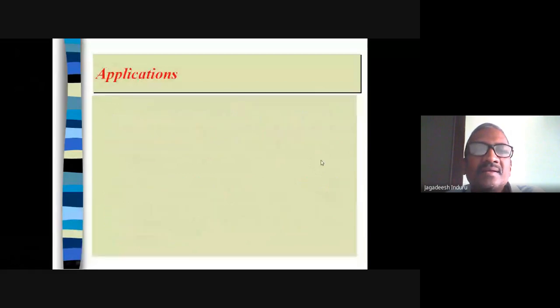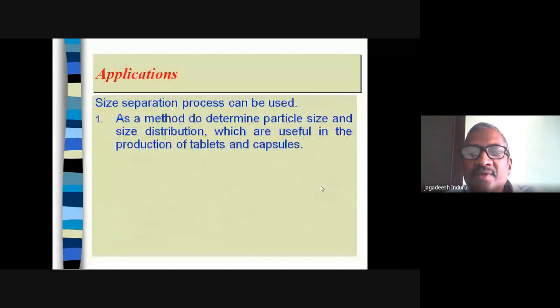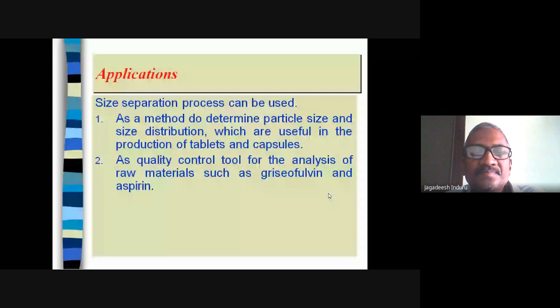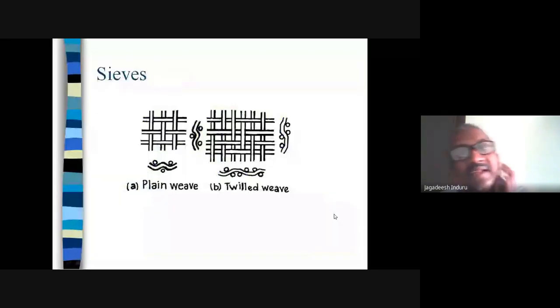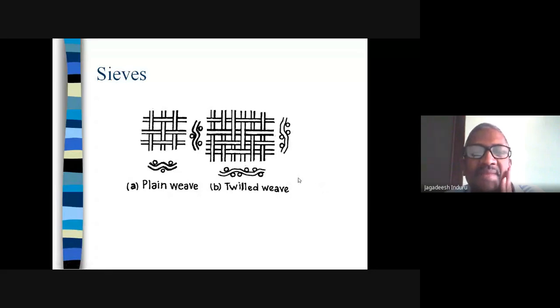And minus material. They are all the applications we have already discussed, and we have already seen the differences between the sieves and the screens. Sieves contain meshes, and there are two types of sieves: one is plain weave, another one is twilled weave.